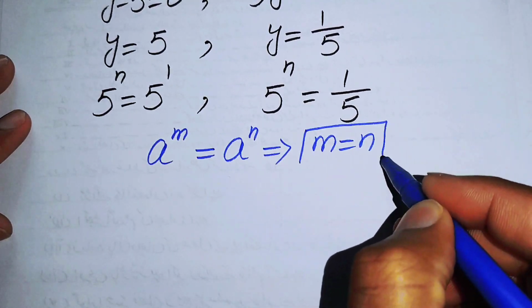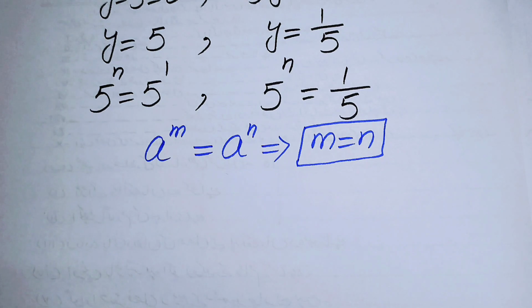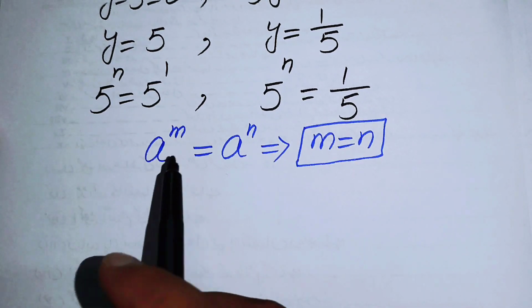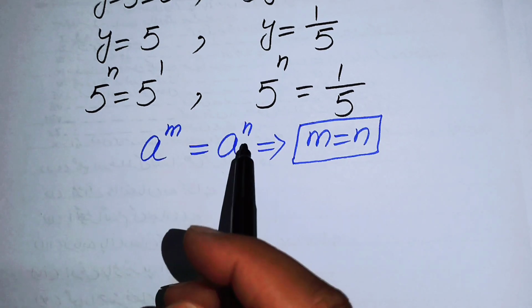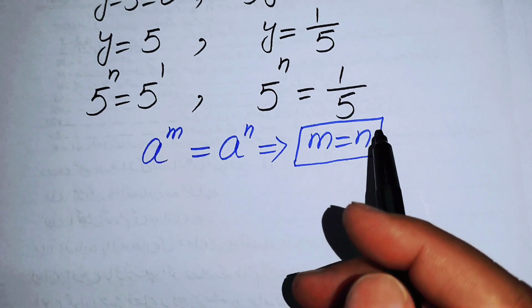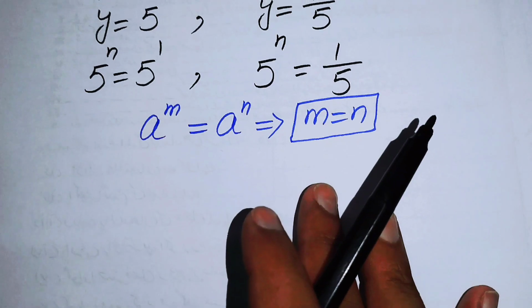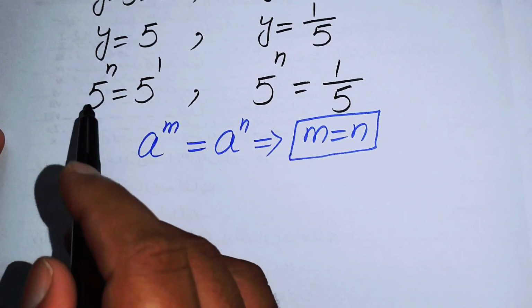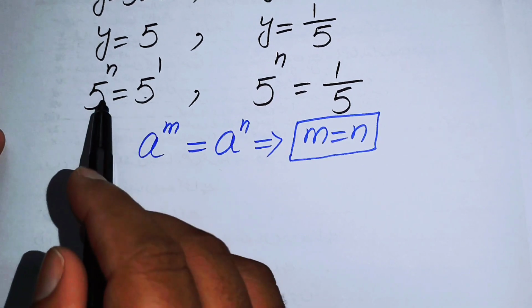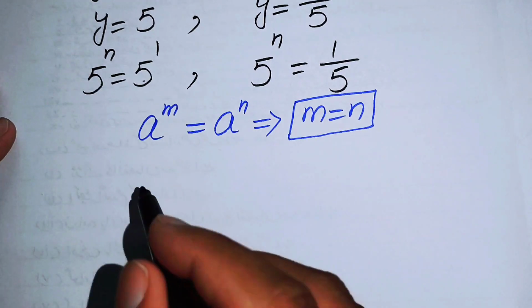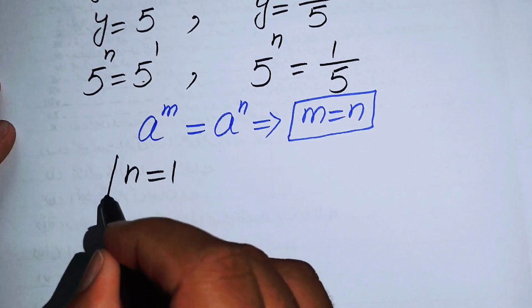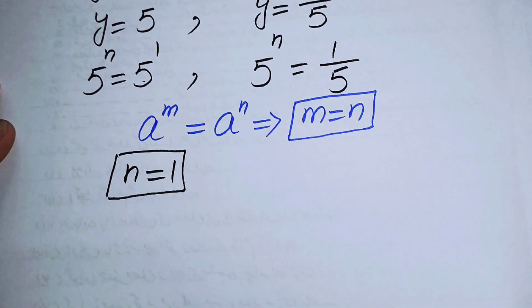So it means that when the bases on both of the sides are the same, its exponents are equal to each other according to this exponential law. So we will use this exponential law in the first case, and you see that the bases on both of the sides are the same, so the exponents are equal, and in the first case you get the value of n is equal to 1.